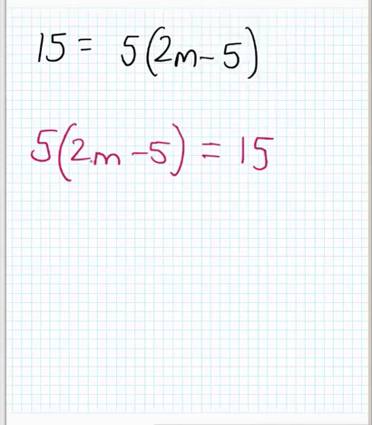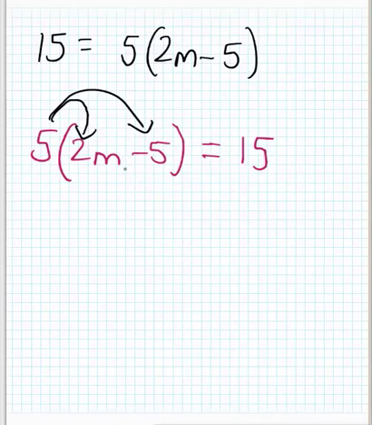So to solve this, we see brackets. So our first step is to expand the brackets. So 5 times 2m, and then 5 times that 5. And there's a takeaway in the middle. So now 5 times 2m, so 5 times 2 is just going to be 10. And don't forget to write the m there. And there's a minus in the middle, so minus 5 times 5 is 25.